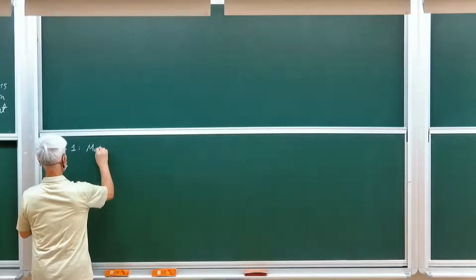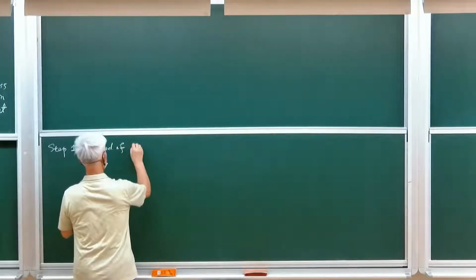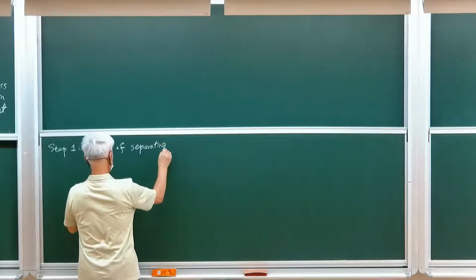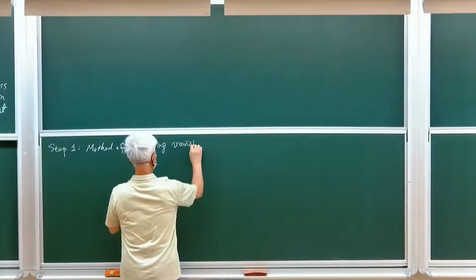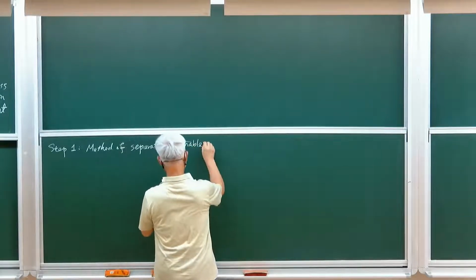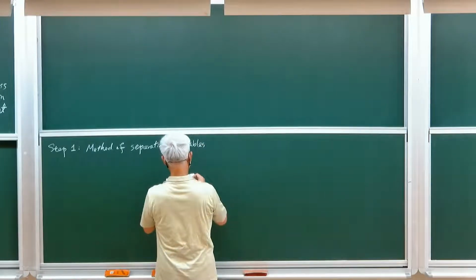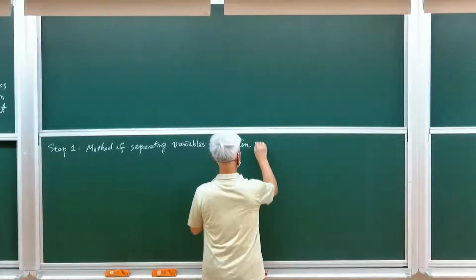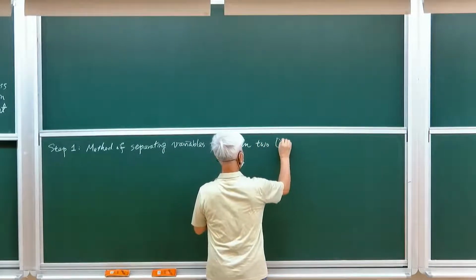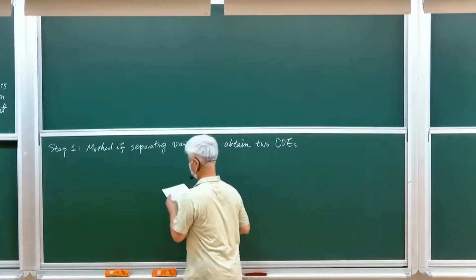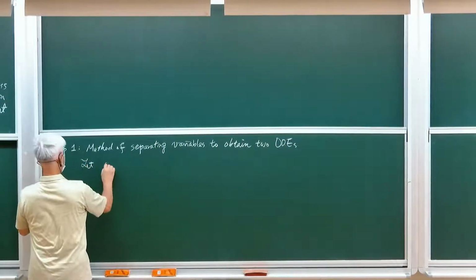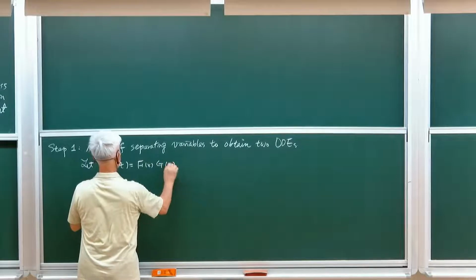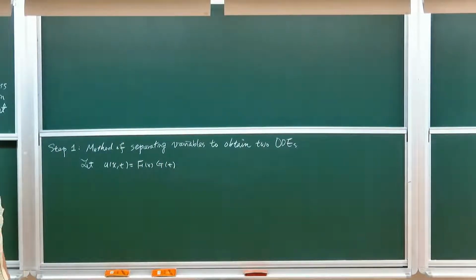So the first step is the method of separating variables, to obtain two ordinary differential equations. All right, so we let u(x,t) be F(x) times G(t).